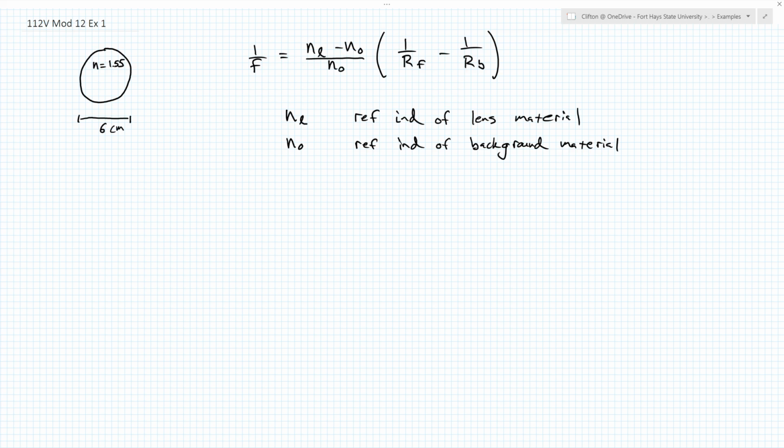The other symbols here are radii of curvature. So we have an r subscript f, which is the radius of curvature for the front surface. And then we have an r subscript b, which is the radius of curvature for the back surface.